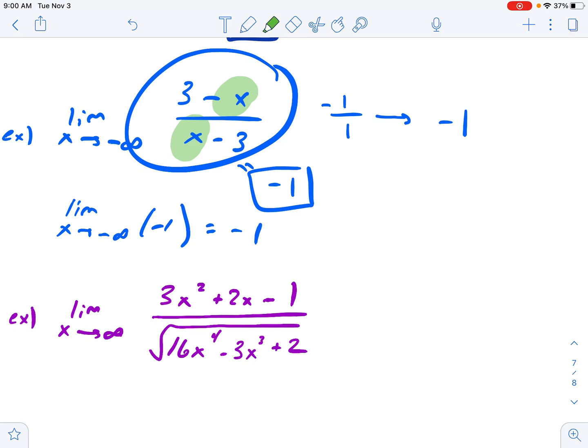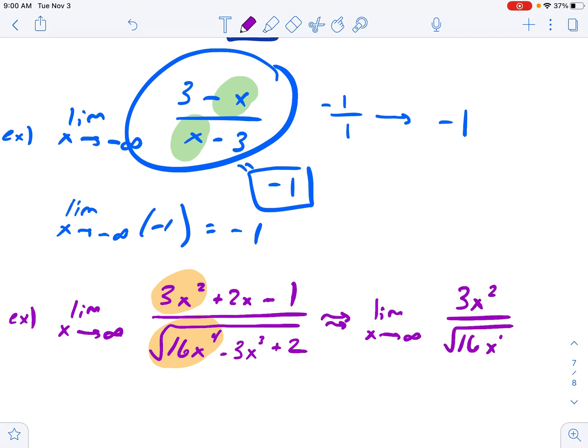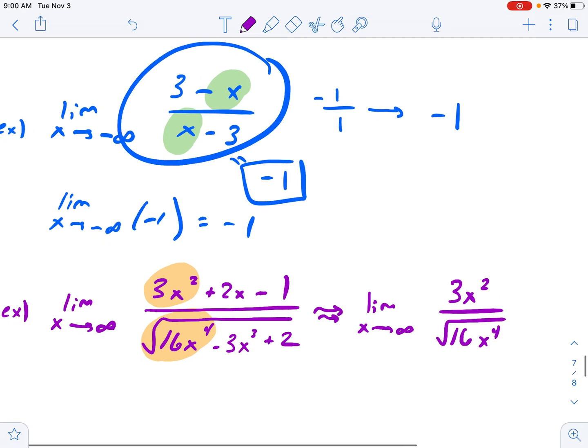So something a little bit different you're probably realizing right away is that we have this radical in the denominator. Okay? Again, as x goes to infinity, the highest power terms on top and bottom will take over. We can say this is similar to the limit as x approaches infinity of just 3x squared over the square root of 16x to the 4th.